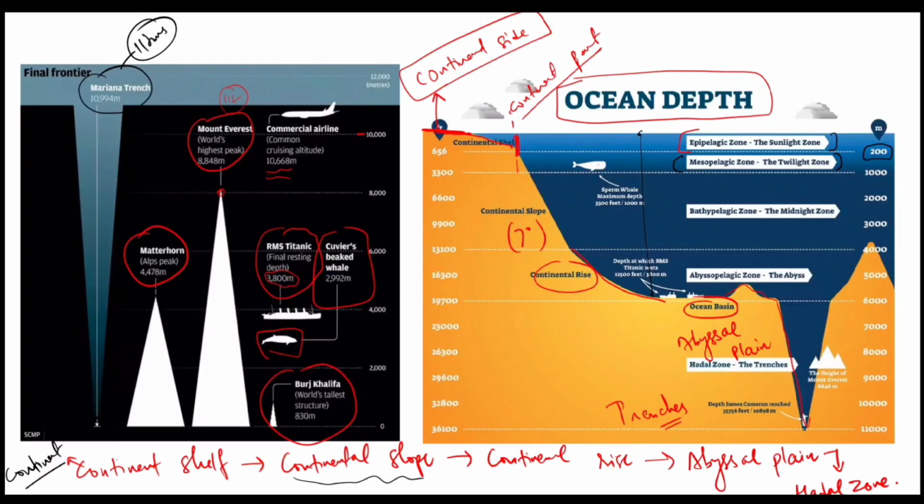Then we have the bathypelagic zone, which is the midnight zone. ठीक है ना? Which is the midnight zone, from 1000 meter to 4000 meter. So आप देखिए क्या हो रहा है, सनलाइट, ट्वाइलाइट, मिडनाइट. अब ये तीन नाम कितने ज्यादा फेमिलियर. सनलाइट धूप है भैया, रोशनी है. ट्वाइलाइट शाम का समय है, सन नीचे नीचे आपका सनसेट हो रहा है.